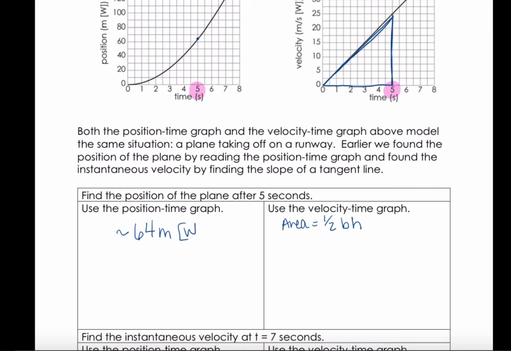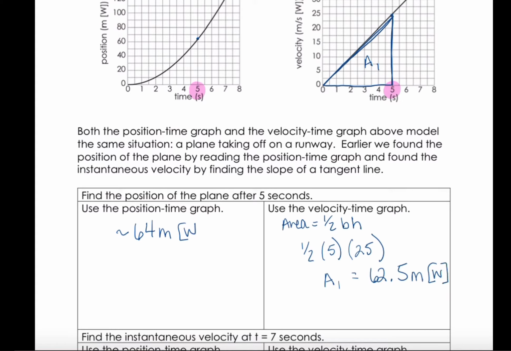Our base is 5, and our height in this case is 25. So finding the area of this, A1 equals 62.5 meters west.